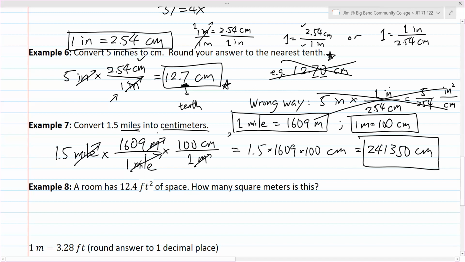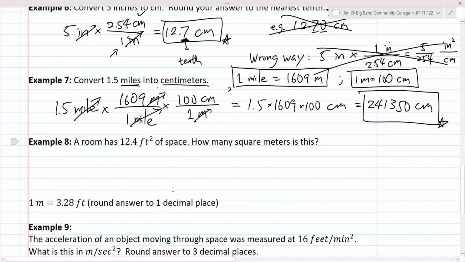Let me put a star on each box of the answer. All right, now we have example 8. Let's go over a different unit. We have something squared, the length unit squared. So feet is the length unit.